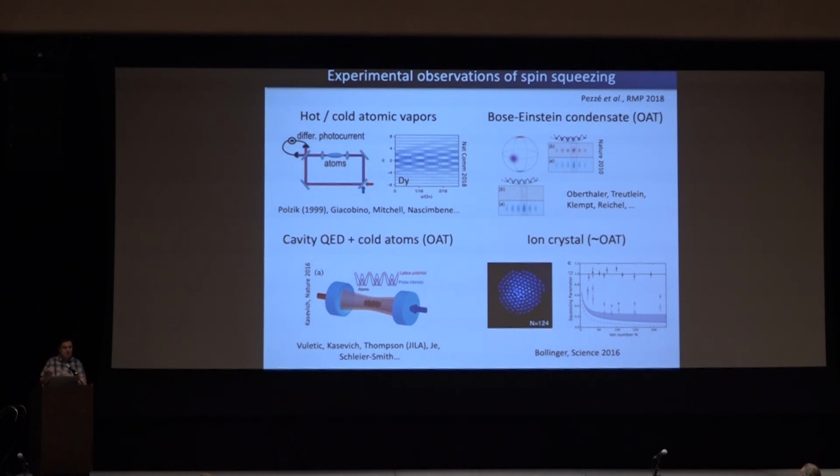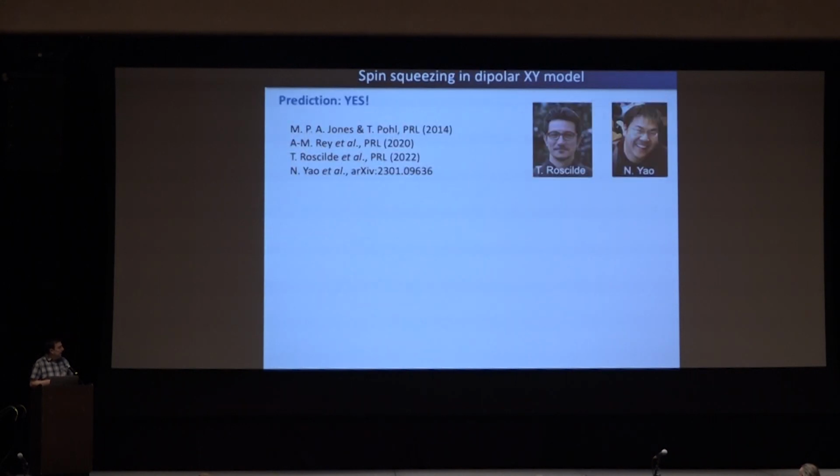If spin squeezing is possible with dipolar interaction, then many other platforms will have access to spin squeezing. And the good news is that the prediction is yes. There have been some papers in the literature some time ago, and it was revisited very recently by Tommaso Roscilde and collaborators.